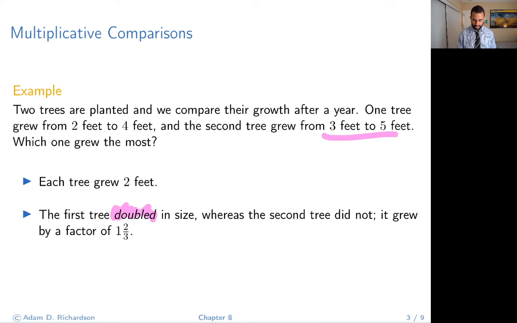So it actually increased by a factor of 1 2/3. So basically, if you took that tree last year when it was 3 feet tall and you multiplied that height by 1 2/3, you would get 5, and that's how much it grew. So with this type of a comparison, we can see that the first tree grew the most. So it depends on what type of comparison we want to do.